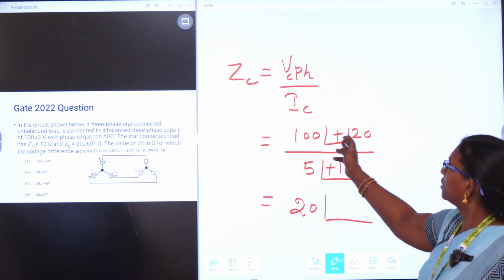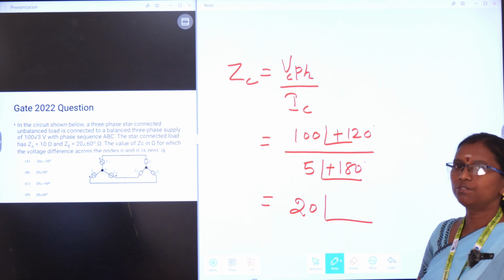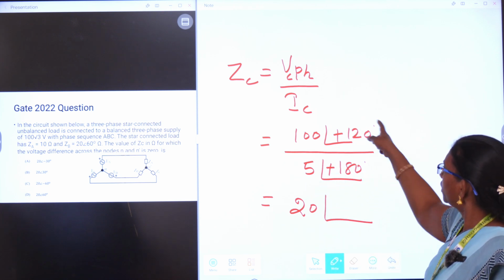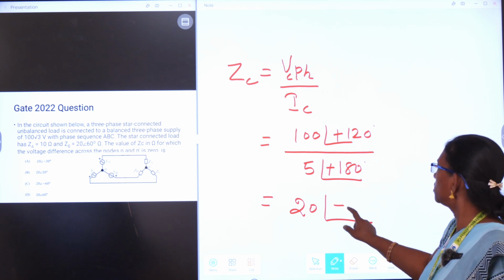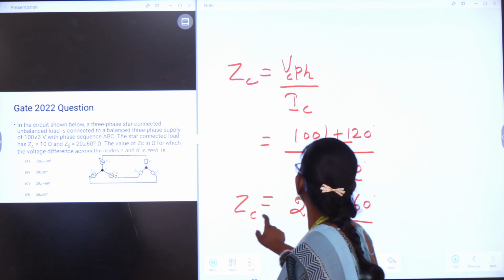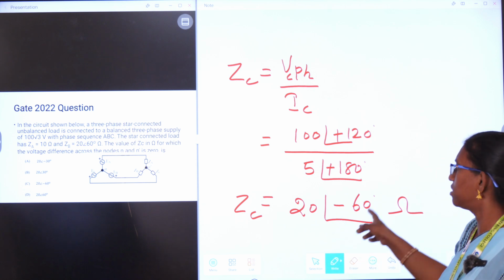VC phase is 100 angle 120 degree and IC is 5 angle 180 degree. When we solve this, the 180 goes to the numerator and becomes minus 180, and with 120 this gives minus 60. So the ZC value is 20 angle minus 60.